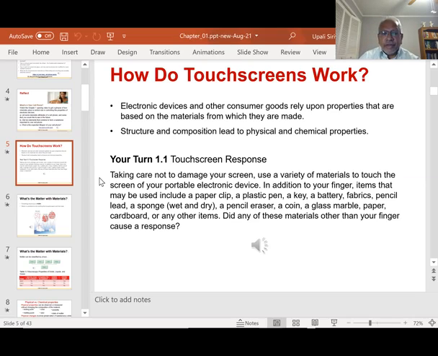When you put your finger on it, it makes electrical contact with the cell phone, just like any touch screen on a computer, and that touching initiates the computer chips to start a process for icons and things like that.